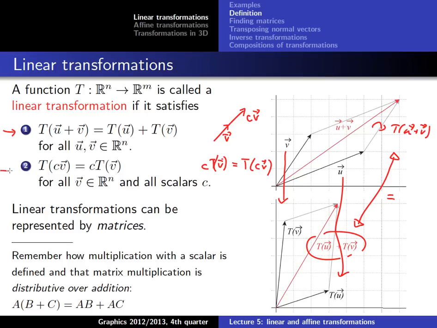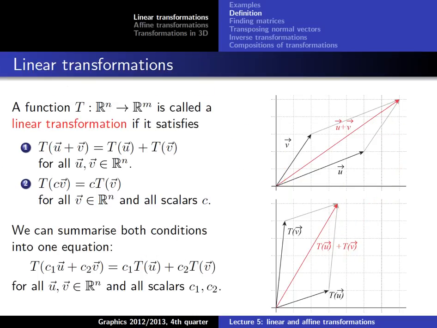And the second condition immediately follows from how multiplication with a scalar is defined for matrices. So if this T is represented with a matrix, then we see that this condition is obviously fulfilled because of the way multiplication with a scalar is defined. Good.